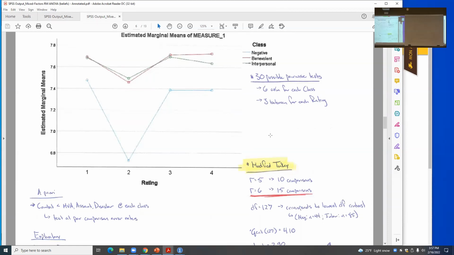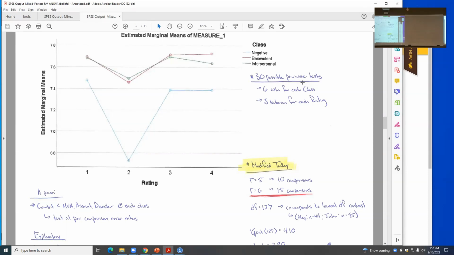Let's say that if we look at this 3x4 design, there are 30 possible pairwise tests that we could make, right? We've got 6 within each class. So I've got 1-2, 1-3, 1-4, 2-3, 2-4, 3-4, that's 6, multiplied by the 3 classes.